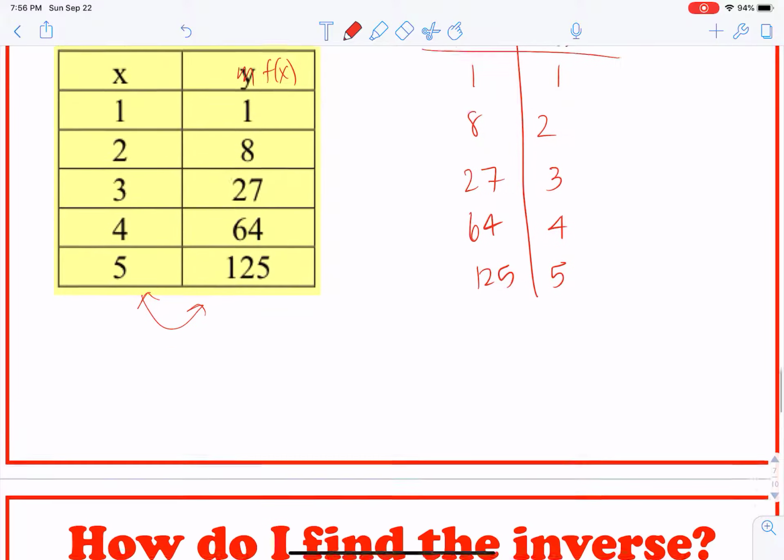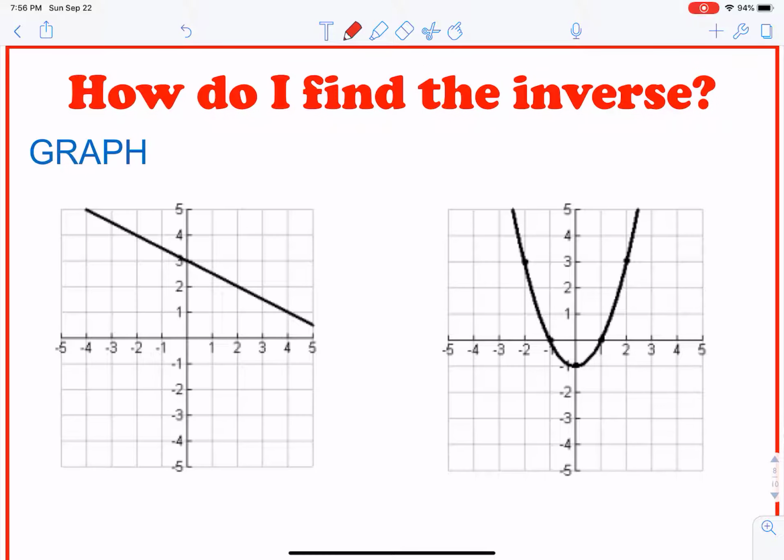We're going backwards. How do I find the inverse on the graph? We can pick a few key points here. So this is 4, 1. This is 0, 3. And this is -2, 4. And if this is x and this is f of x, I can call this x and this f inverse of x.